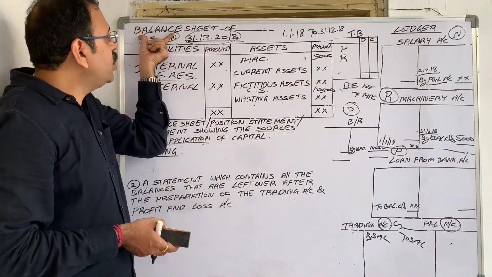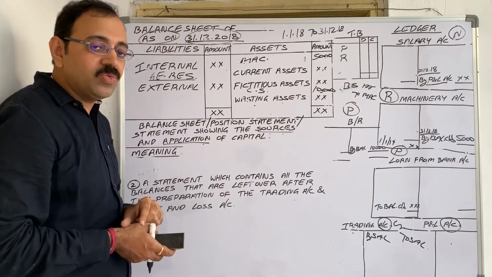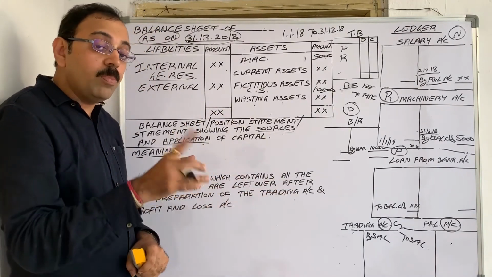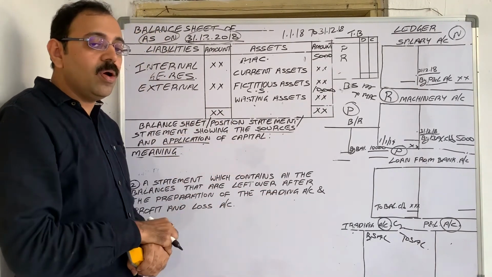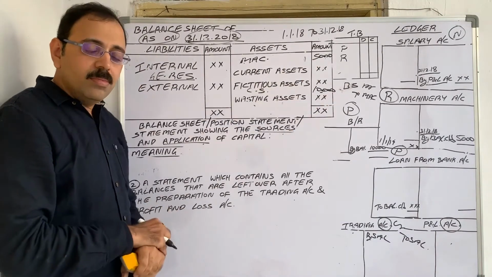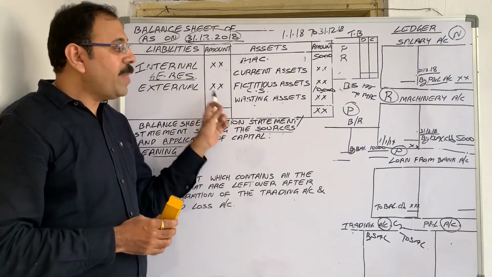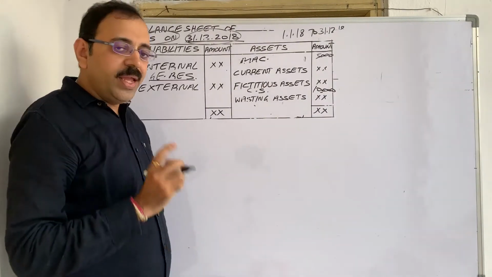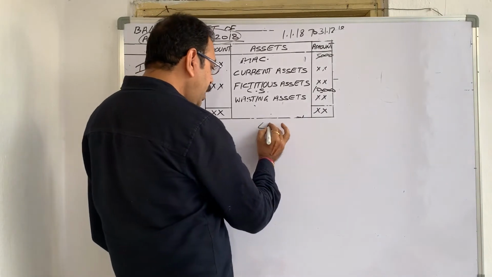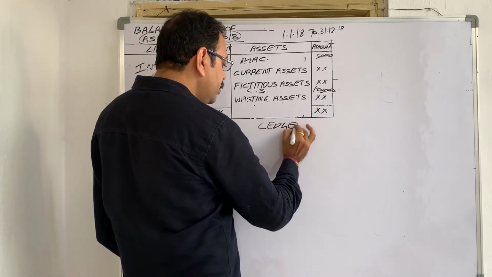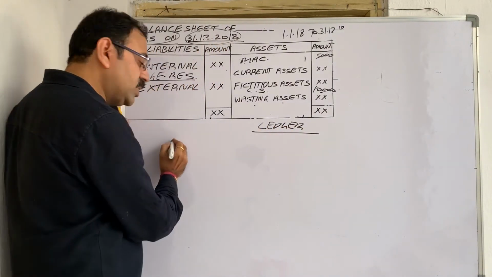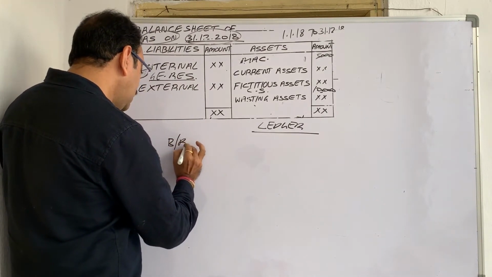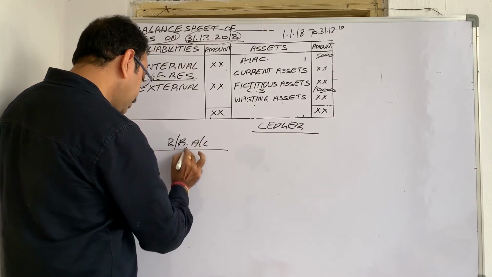Therefore, the word balance we are using. So balance means the remaining accounts. What are the remaining accounts after preparing trading account and P&L account? Personal accounts and real accounts only. Regarding the balance sheet, remember one important point: in the ledger we prepare three accounts. Personal account, for example, bills receivable account.